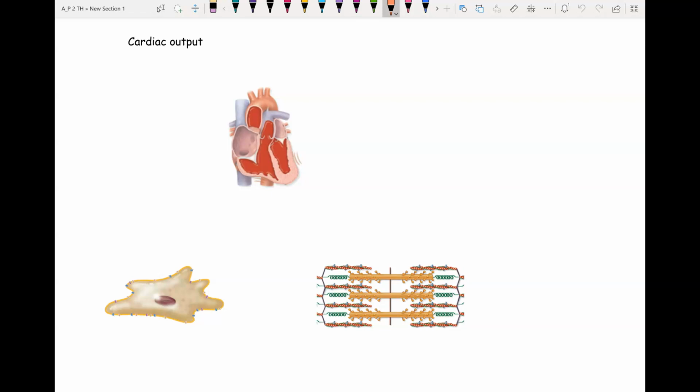Now we're going to look more closely at cardiac output and the things that can alter it. So cardiac output is the amount of blood that a single ventricle pumps into an artery in 1 minute.